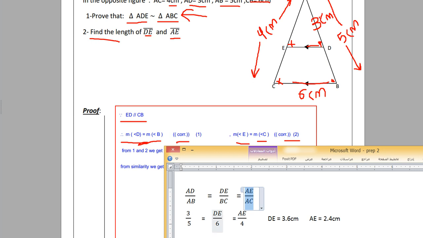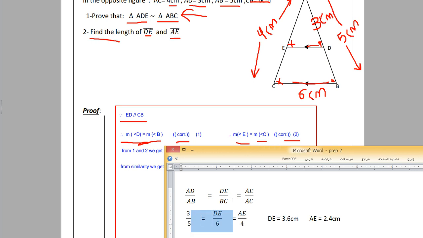Okay, so let's substitute these sides with their lengths. AD equals 3, so we put 3 over 5 equals DE. We don't know the length of DE, so we write it as it is, equals AE over 4. So how can we get DE? We can get DE by cross multiplication.